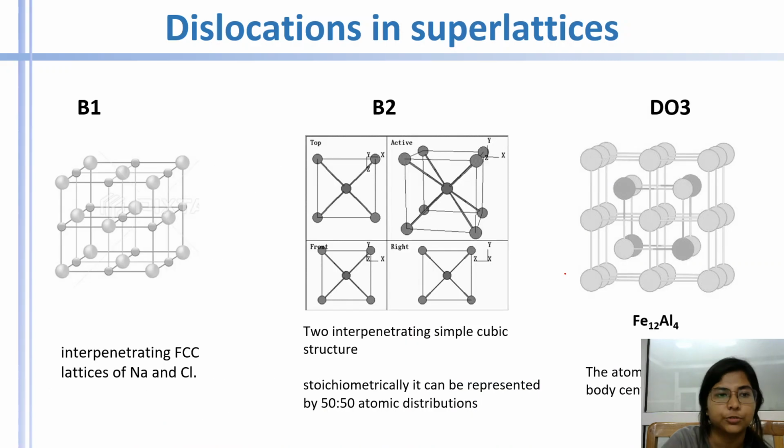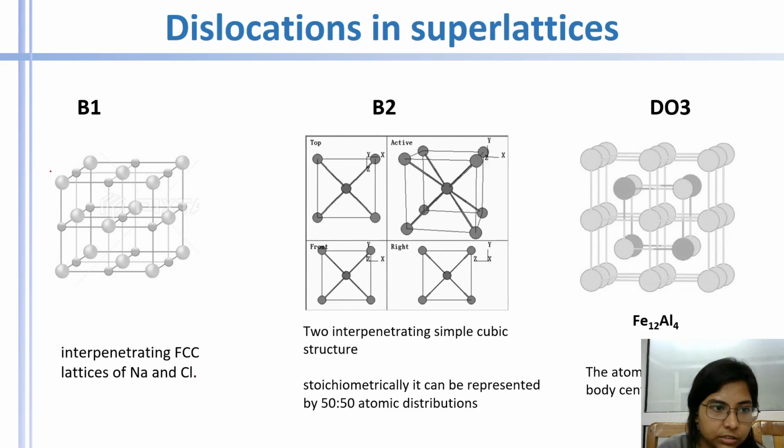So we will learn about the dislocations in superlattices. Before that, we will learn about the different types of superlattices which exist. At first, the very simple one is the B1, which is the interpenetrating FCC lattices of Na and Cl.